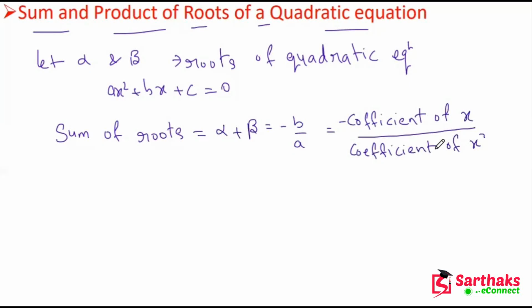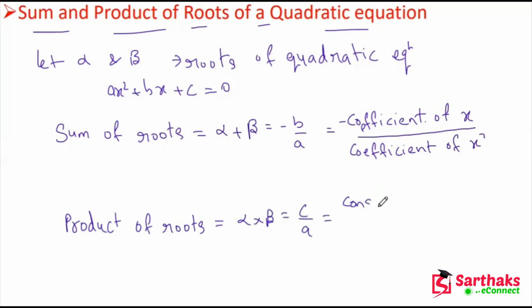Now what is the product of roots? The product of roots is alpha into beta, which is c upon a, that is, the constant term divided by the coefficient of x square.